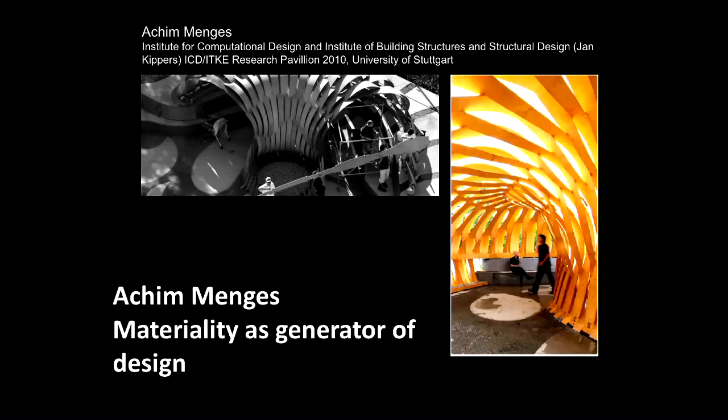And I think the best way he shows his theory, he's teaching at the Institute of Computational Design and the Institute of Building Structures and Design in Stuttgart. And so these are a series of pavilions he builds with his students.